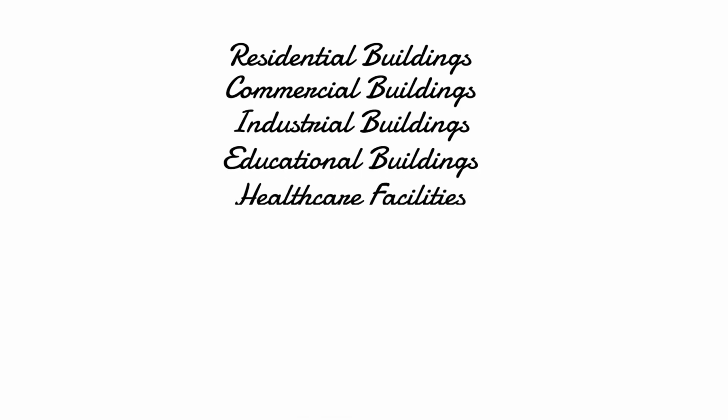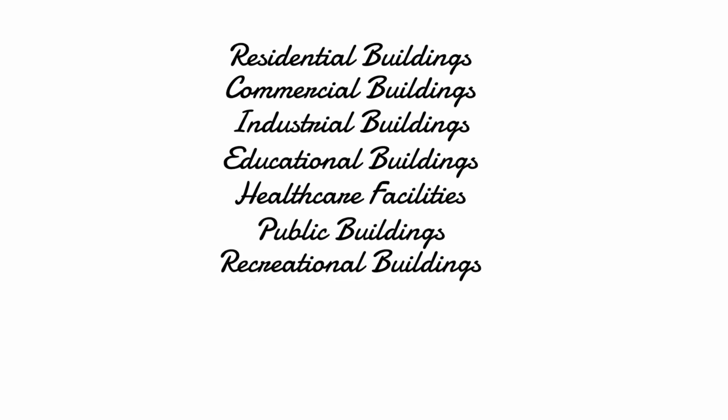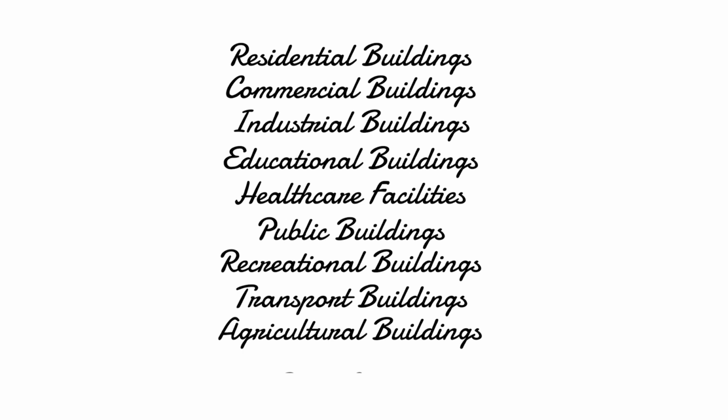So the first thing that needs to be considered is the type of building that you're considering. Residential buildings, commercial buildings, industrial buildings, educational buildings, healthcare facilities, public buildings, recreational buildings, transport buildings, agricultural buildings, and data centers.